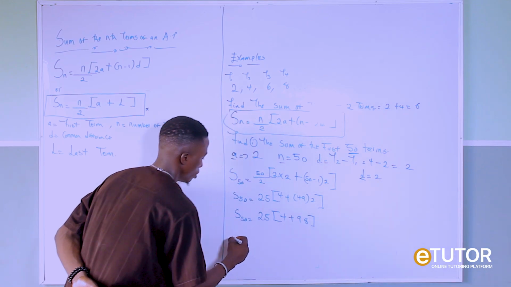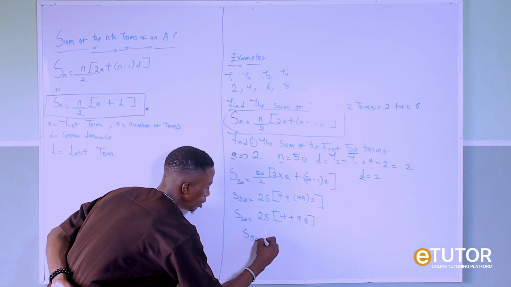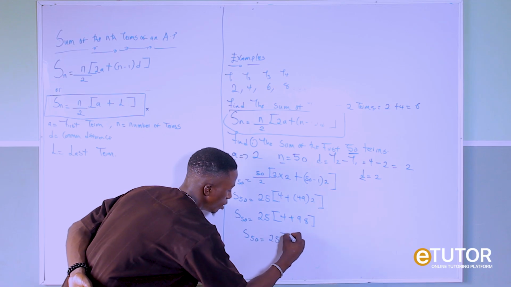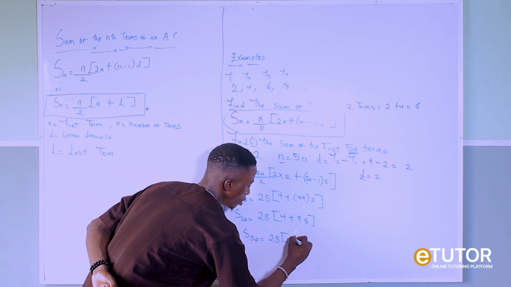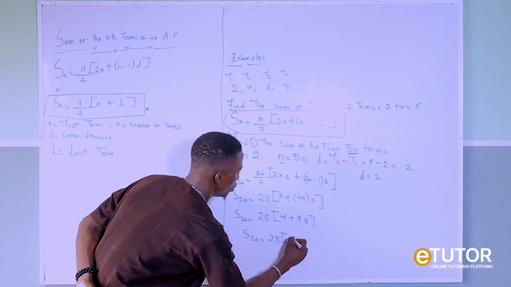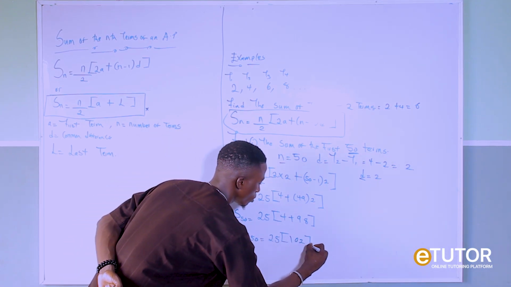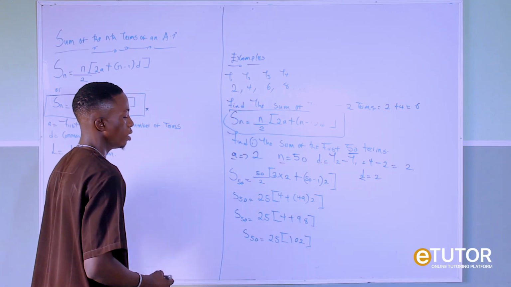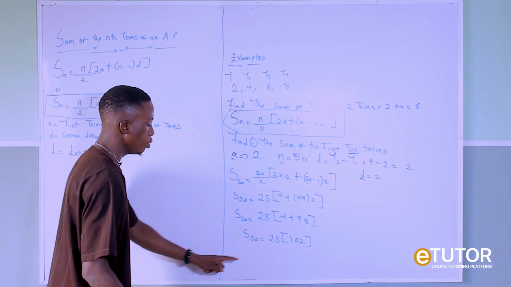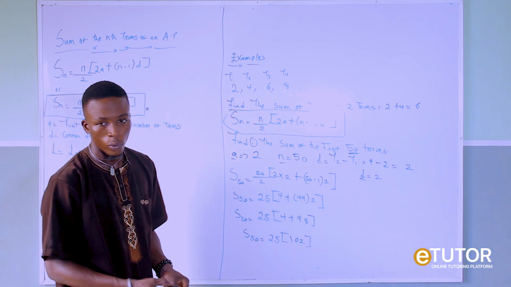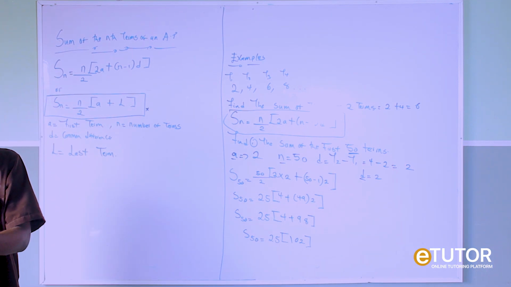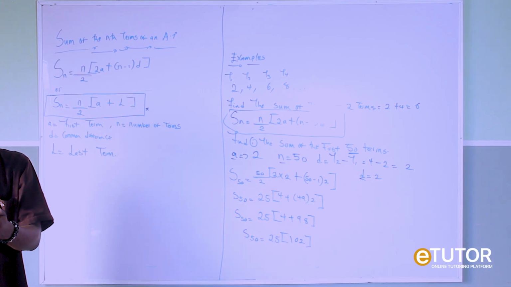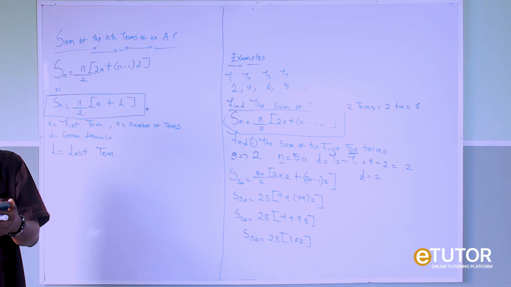So my S50 equals 25 open bracket 4 plus 49 times 2 gives 98. So my S50 equals 25 into (4 plus 98) gives 102. Yeah? So S50 equals 25 times 102. So let me quickly punch that in my calculator, 25 times 102.